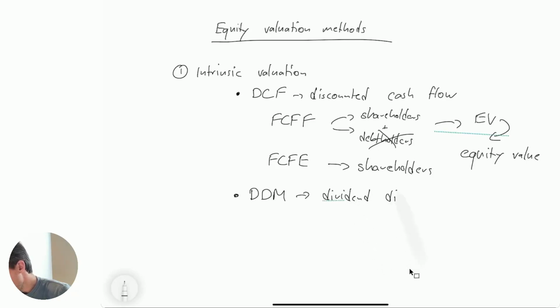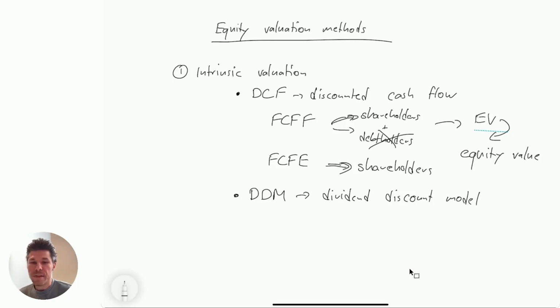dividend discount model. And here again, we assume the cash flow to shareholders in many cases can be the dividends that companies are paying. So we say, okay, if a company pays regular dividends, then this is a good starting point because it is a kind of cash flow.